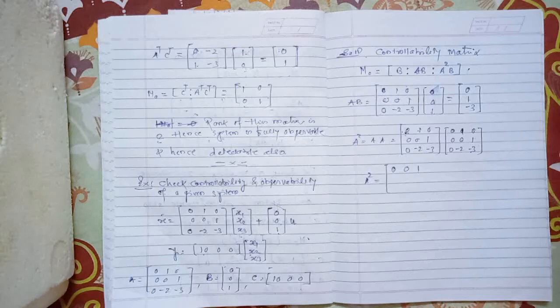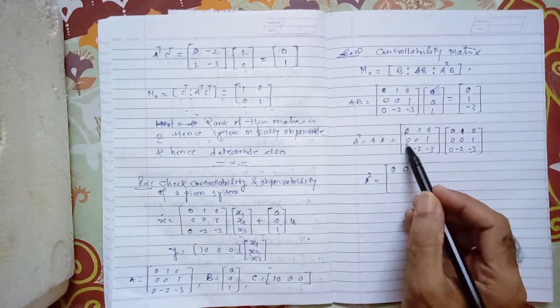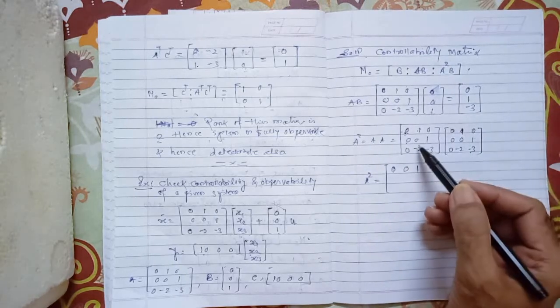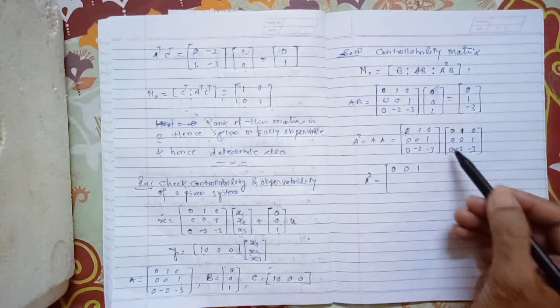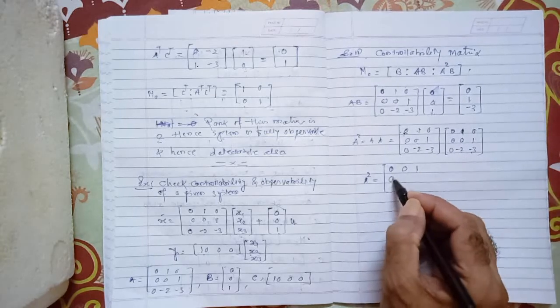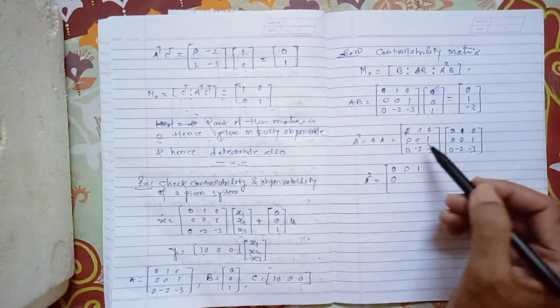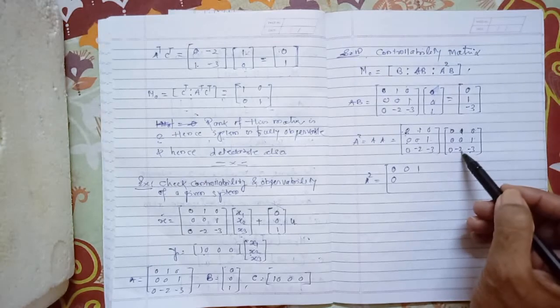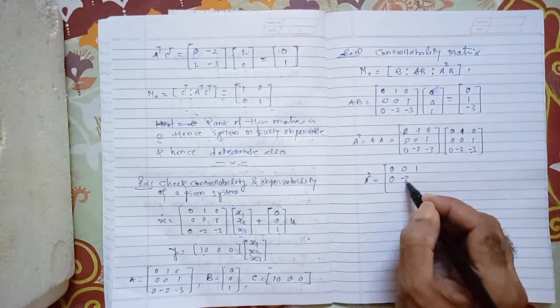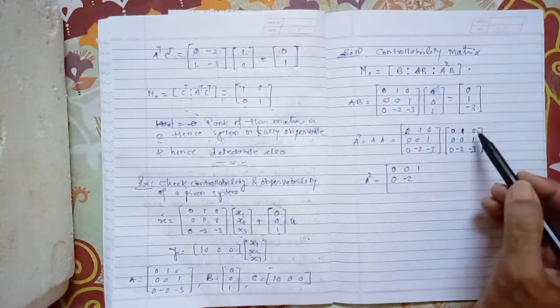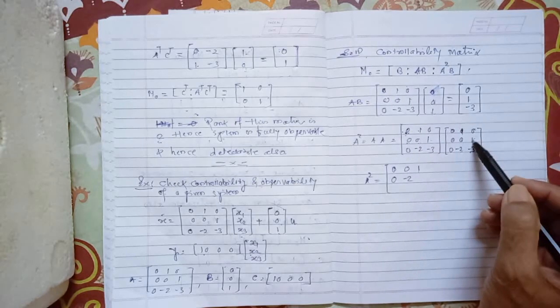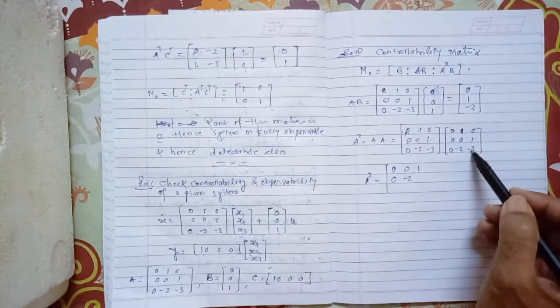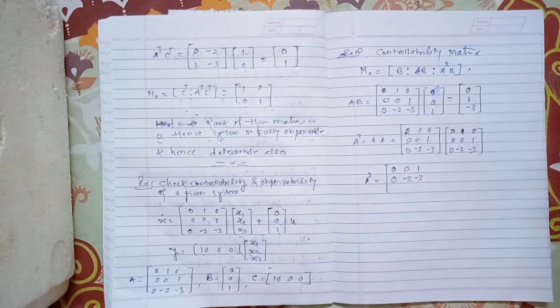Now 0 into 0, 0 into 0, 1 into 0, that is 0. Then 0 into 0, 0 into 0, and 1 into -2, so this becomes -2. Now 0 into 0, 0 into 1, that is 0, and 1 into -3, so this becomes -3.